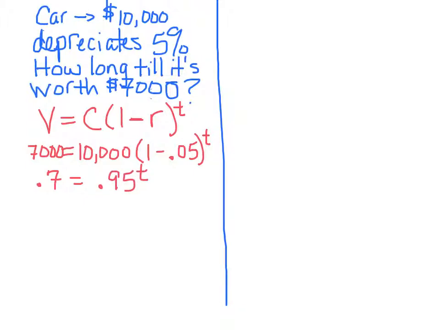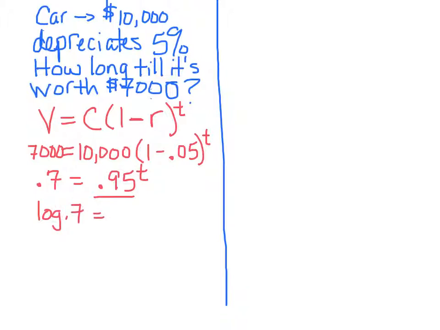Now here's where it becomes important when we're comparing a log word problem to an E or an ln word problem. Since my base, which is 0.95, is not an E, then what we have done up to this point, remember, is in order to get a power down, we apply the power rule and we log both sides. So we're going to log this 0.7.